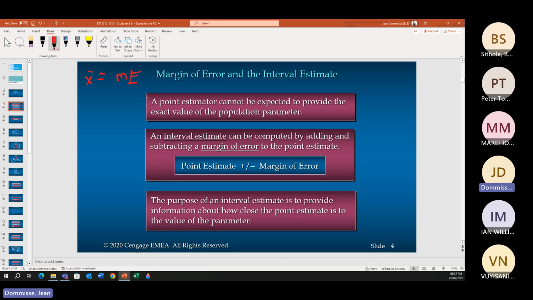Tonight I'll send you some other summary pages that I have made. In the assignment, they might give you a different level of confidence just to see if you can use one of the tables or online calculators, but in the exam we will always only look at 90, 95, and 99% confidence intervals.